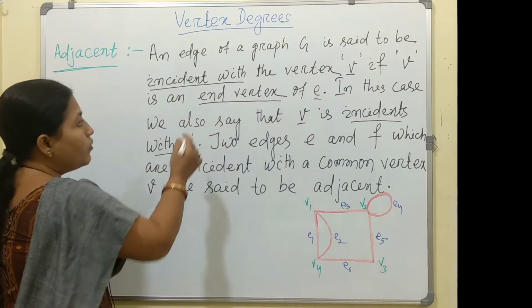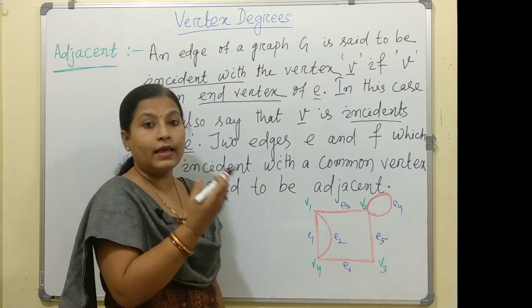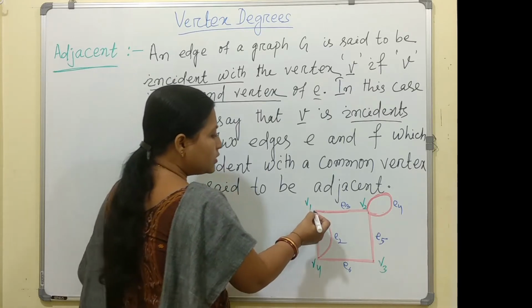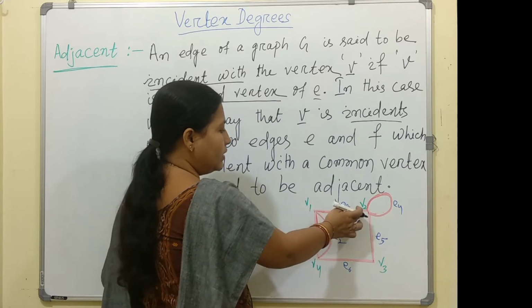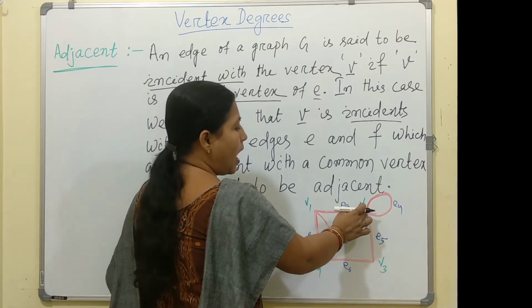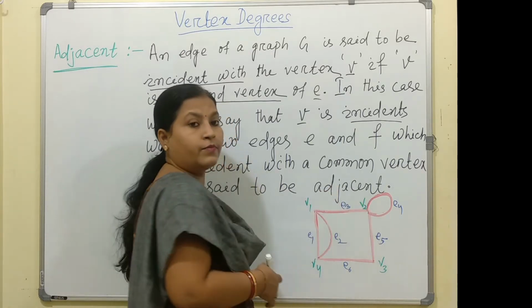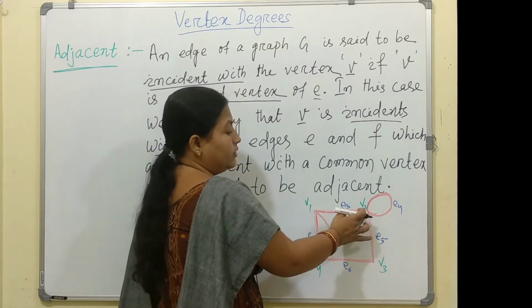Now we will go to incident with. What is an edge incident with a vertex? See this, E3 is an edge and E3 is incident with the vertices V1 and V2 because these two vertices V1 and V2 are end vertices of E3.